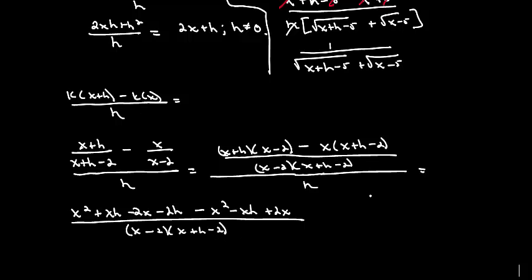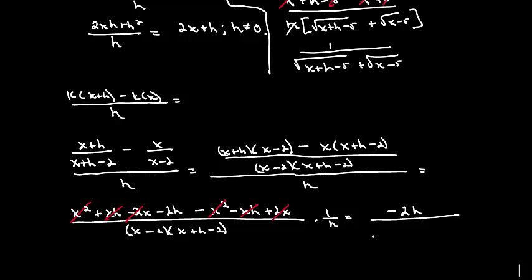And now when we divide by h, it's like multiplying by 1 over h. So I'm just going to put this guy on the bottom. Now what cancels out? My x squareds cancel out, my xh cancels out, my 2x's cancel out, and all I'm left with is negative 2h on the top.